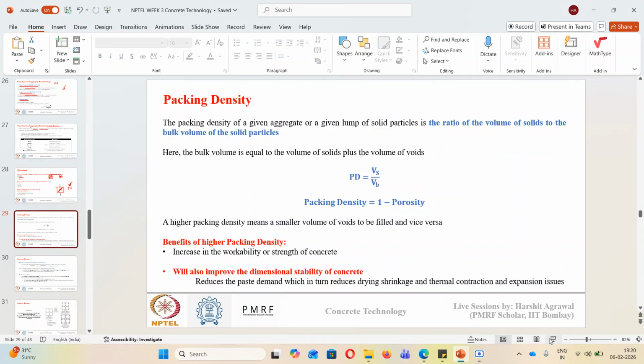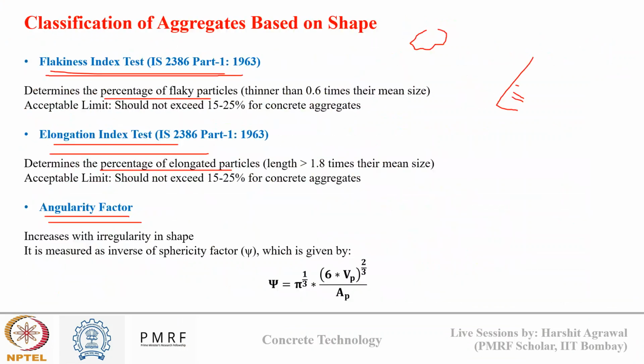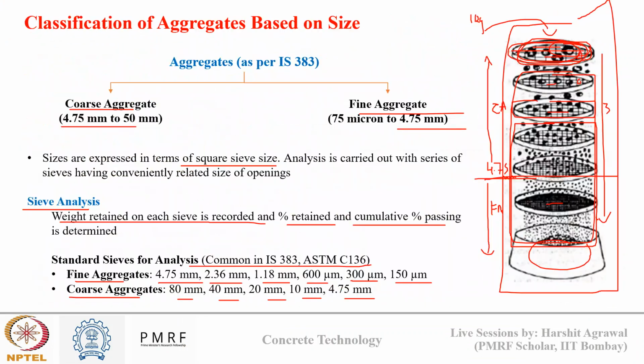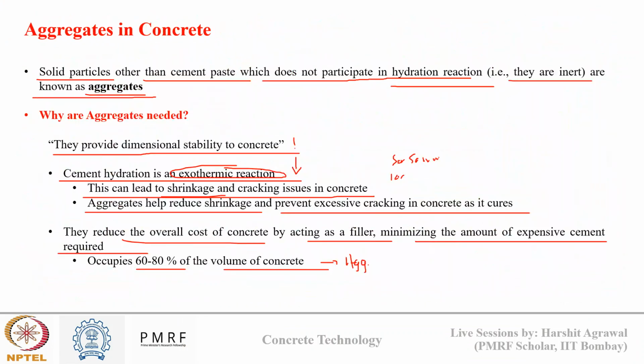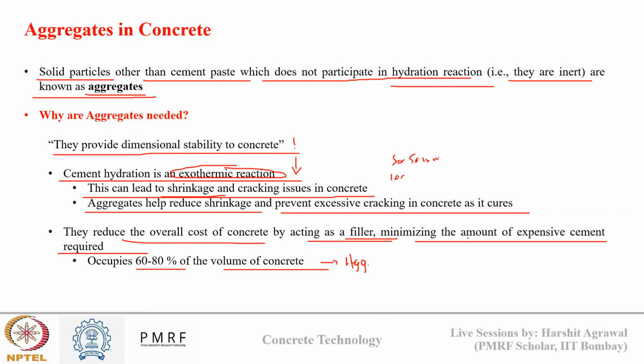Okay, let's move ahead now and talk about one very important property of aggregate, which is known as packing density. If you recall the first slide that we discussed today about aggregate, I will just go to that slide. We said why aggregates are used in concrete, and we mentioned one important point: they reduce the overall cost of concrete by acting as a filler, minimizing the amount of cement required.